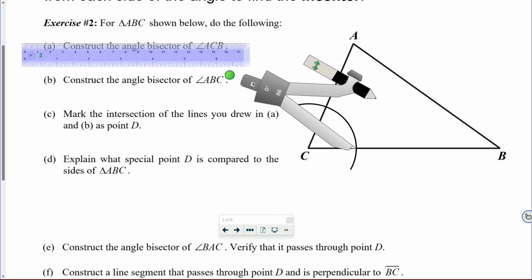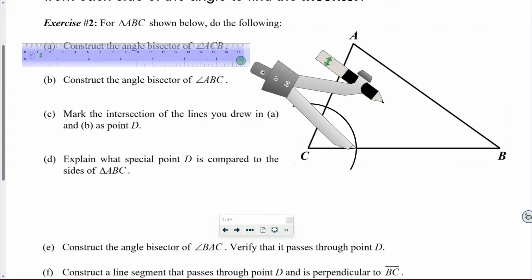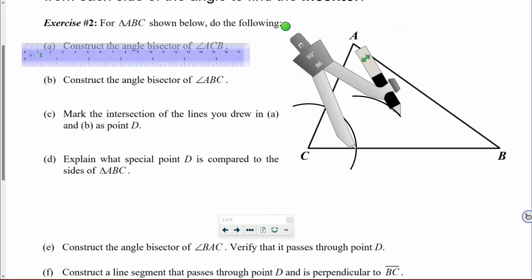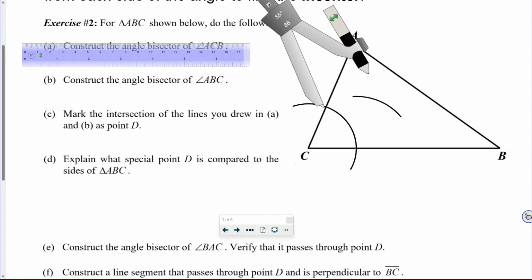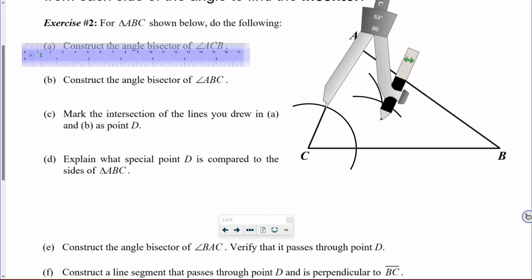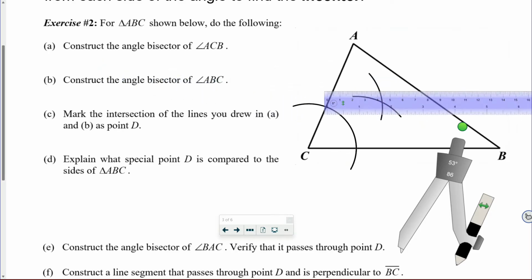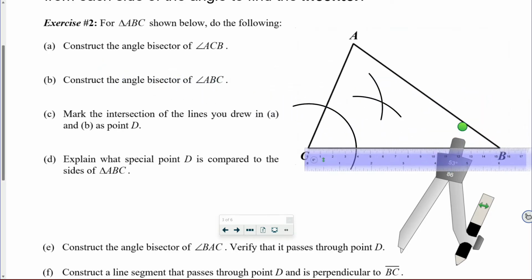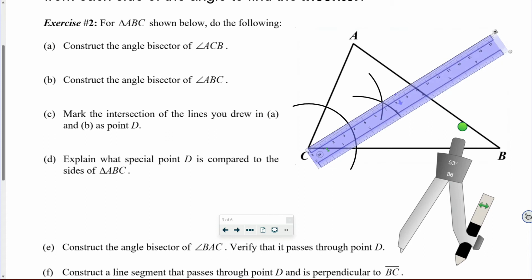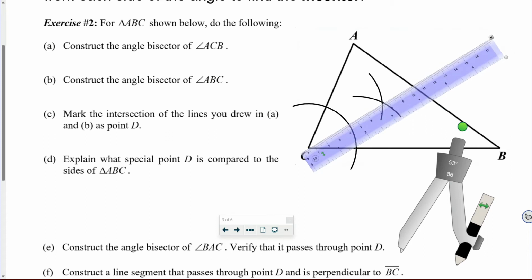Try to keep that intersection point right there, and draw an arc, keeping the same radius that we just had. We put it then at the other intersection point and draw an arc, and that then forms the point that we can then draw our angle bisector through.